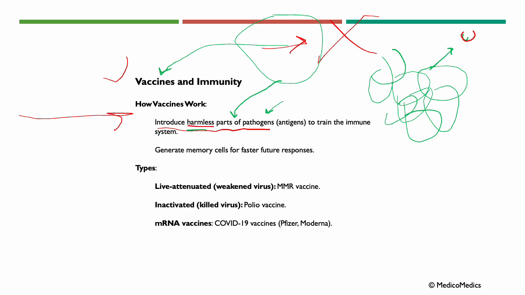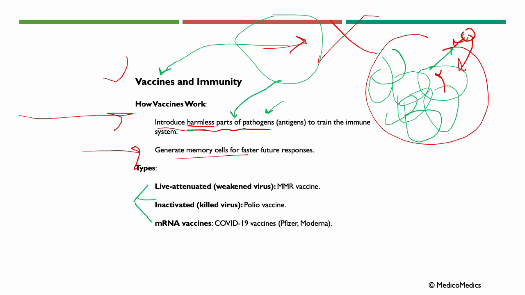So we introduce enough of this pathogen to trigger our immune response to start producing these antibodies for future use, but not enough to produce actual pathology. So the purpose, to generate memory cells for faster future responses.